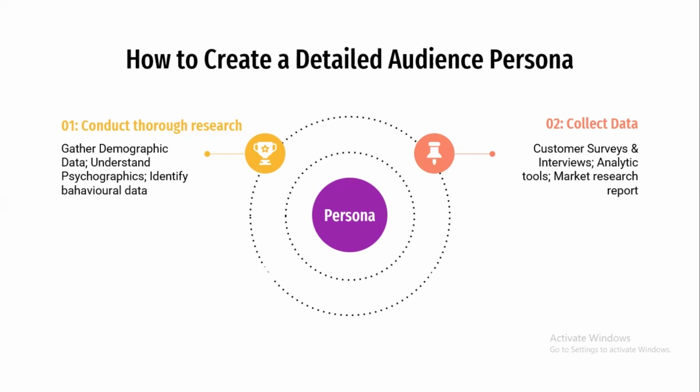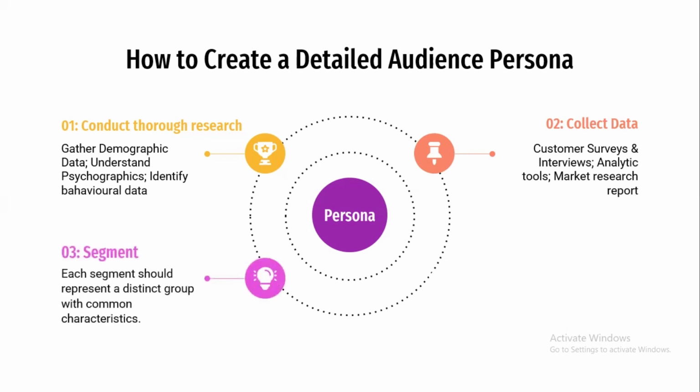We can also use social media insights to see how all of these come together. Social media insights today are very helpful ways that we can gather data to help in building the detailed customer or audience persona. For instance, on Facebook, you get insights like gender, behavioral data, and so on and so forth.